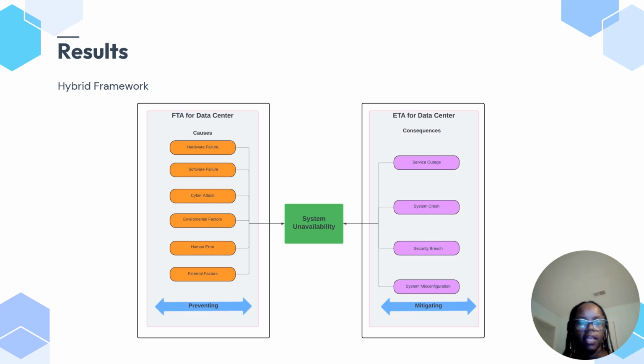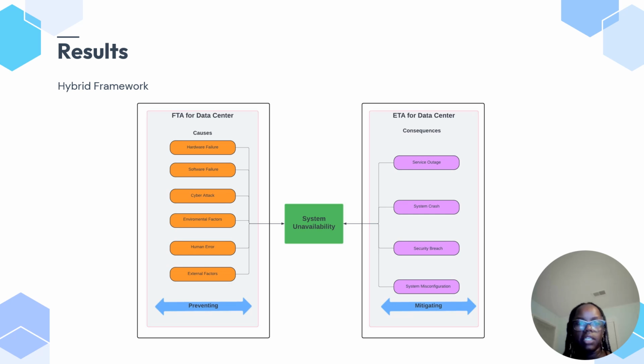Here we have the hybrid framework that was developed. We have the fault tree for the data center and the event tree for the data center combined. So we are able to see the cause and effect relationships.